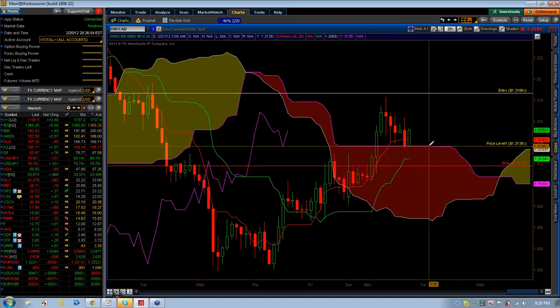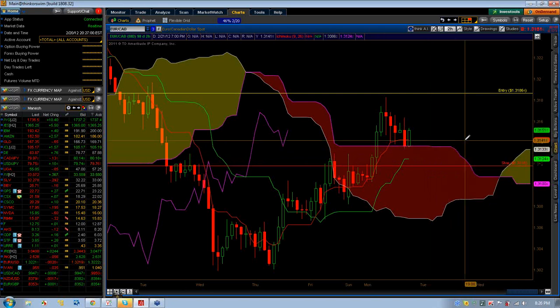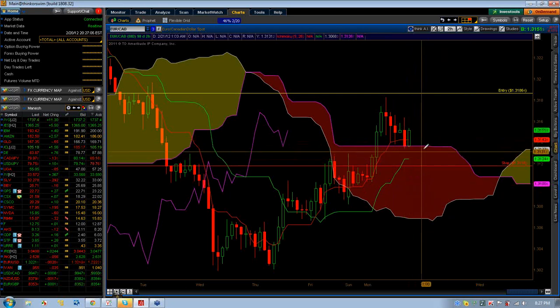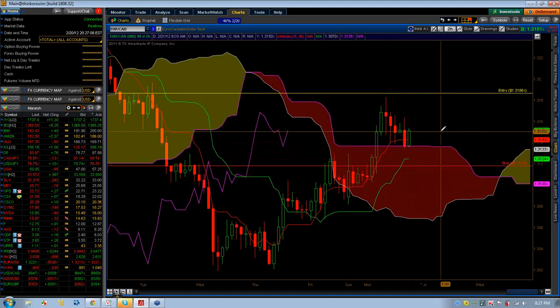If you're a pullback trader, you're going to put a pullback order there or there, with the stop being here. And as this green line moves, that's basically your stop. You guys see how Ichimoku fits into it? Pretty simple, isn't it?